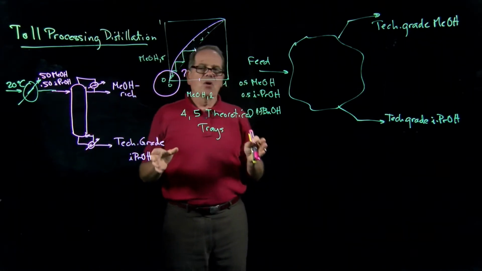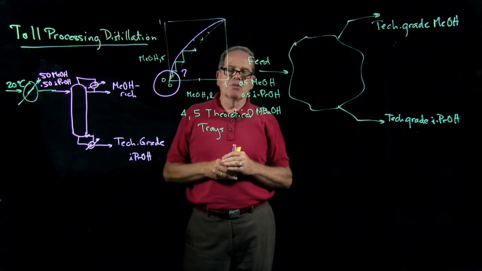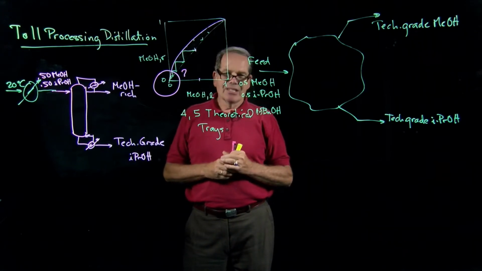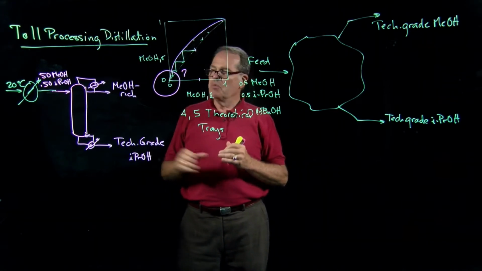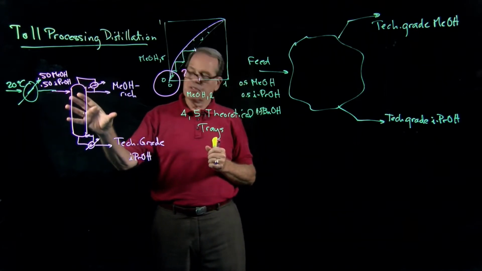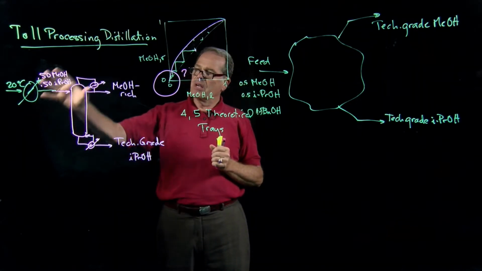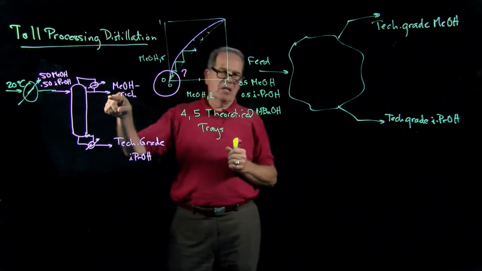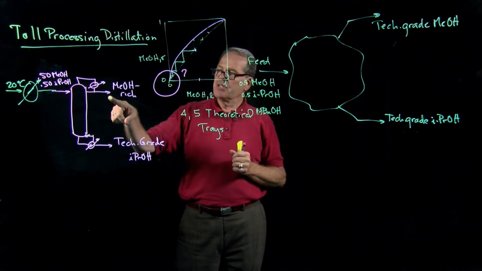We will not go into the shortcut column method when we go to ChemCAD because that's not going to do very well for us. We can do better if we do material balances ourselves around the column as I've drawn it here. We can figure out approximately what the methanol-rich concentration is.